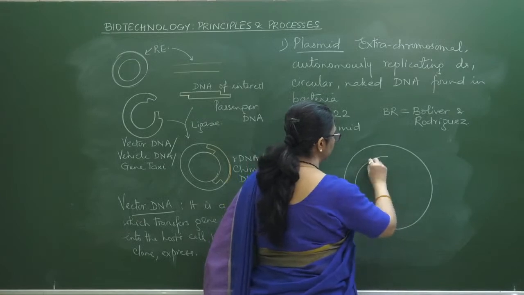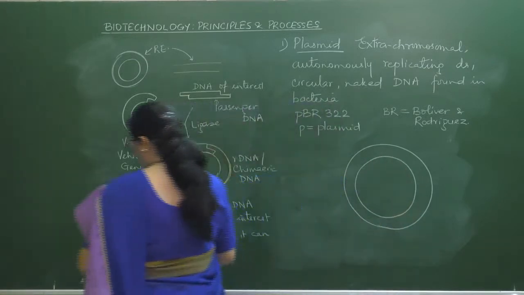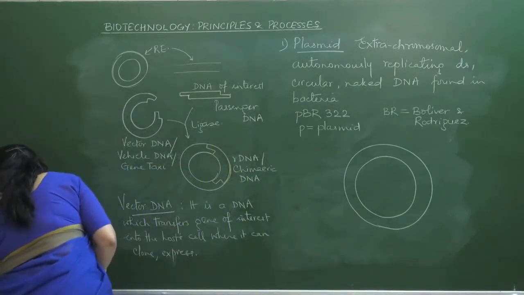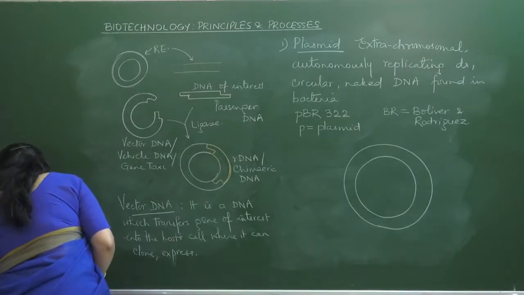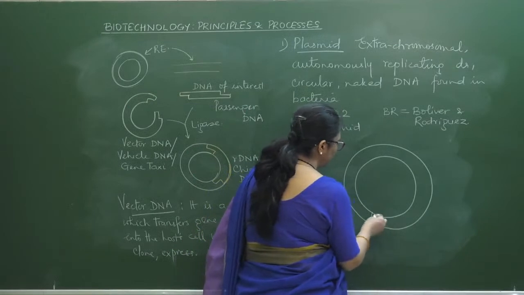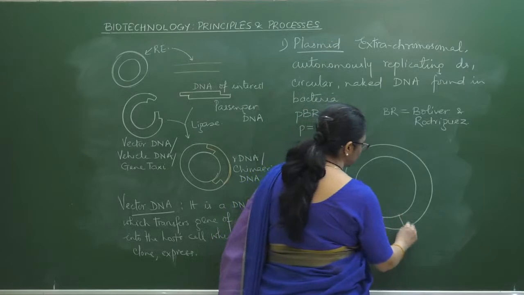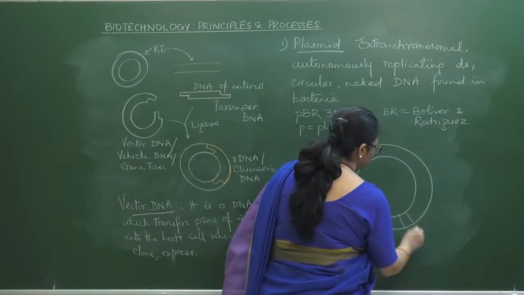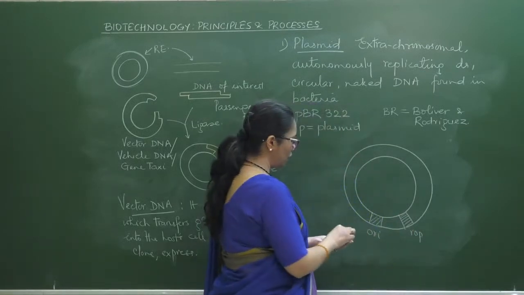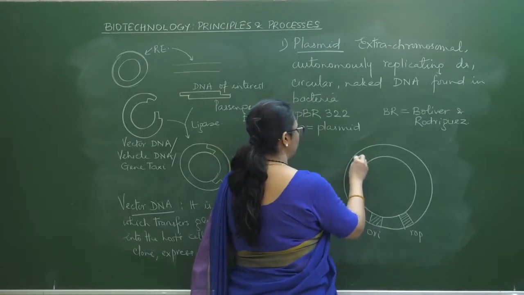Now we'll take each part of this plasmid one by one. This is ORI, ROP, then here there is a gene.